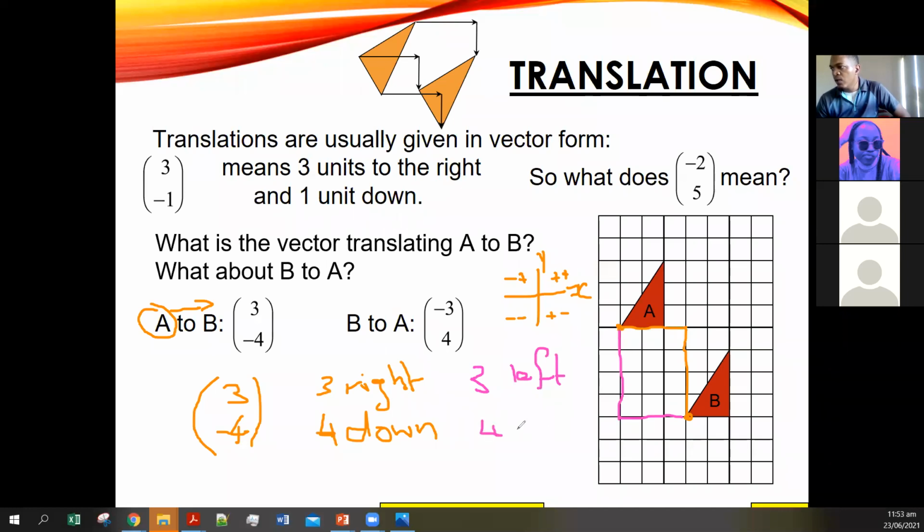So that will be 4 up. And then I use this to help me identify. If I'm going left, it must be a minus. That's where the minus comes from. If I'm going up, it must be a positive. That's where the positive comes from for my x and y values. All right. Is that okay so far?